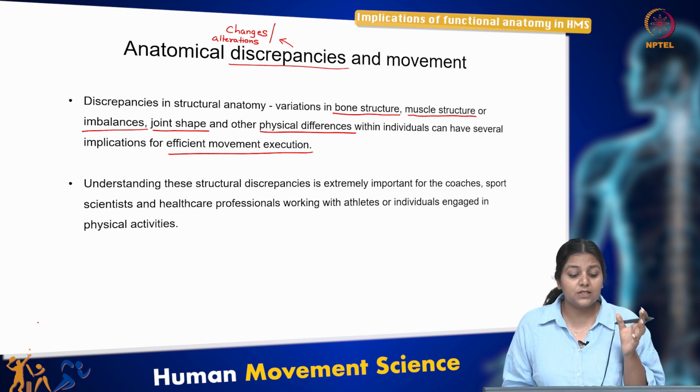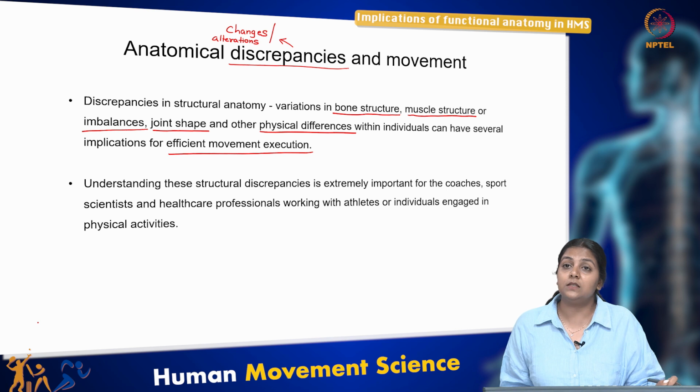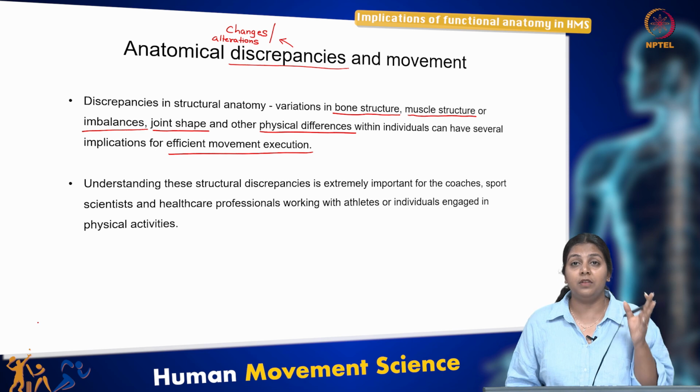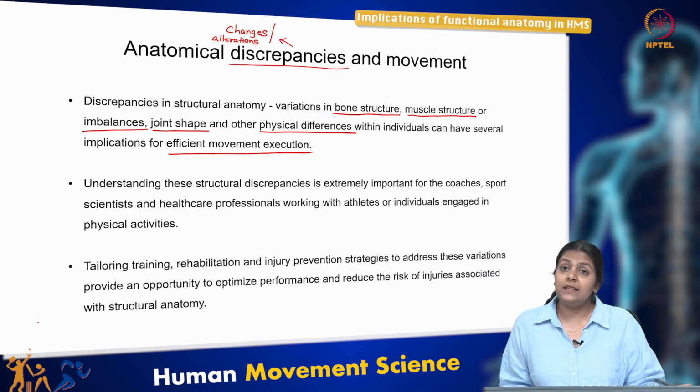So understanding these structural discrepancies is extremely important. So if you're working with athletes, if you're a coach, or if you're a sports scientist or any kind of health professional, working with athletes, engaging in physical activities, it's absolutely important to understand if there are any anatomical discrepancies. Why this would be important?